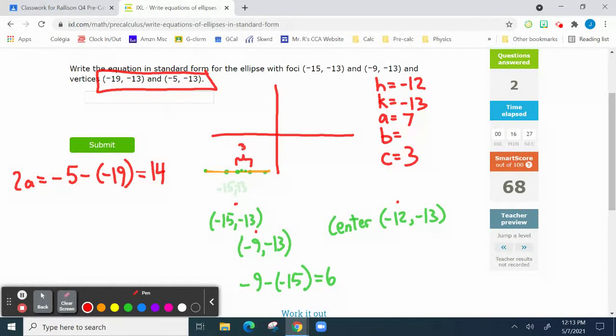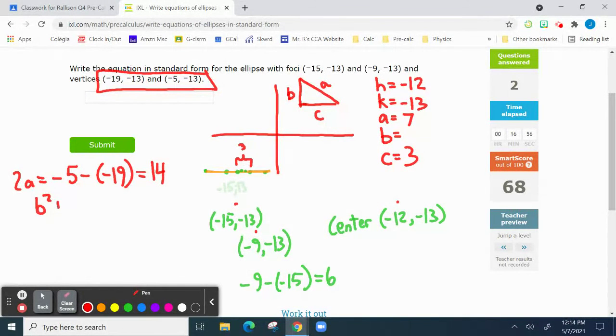And then A, remember A is going to be, I'm just going to sort of draw this like this, I think. So that's going to be C, right? And that's going to be A. And we got to find our B. So we got b squared plus c squared equals a squared.